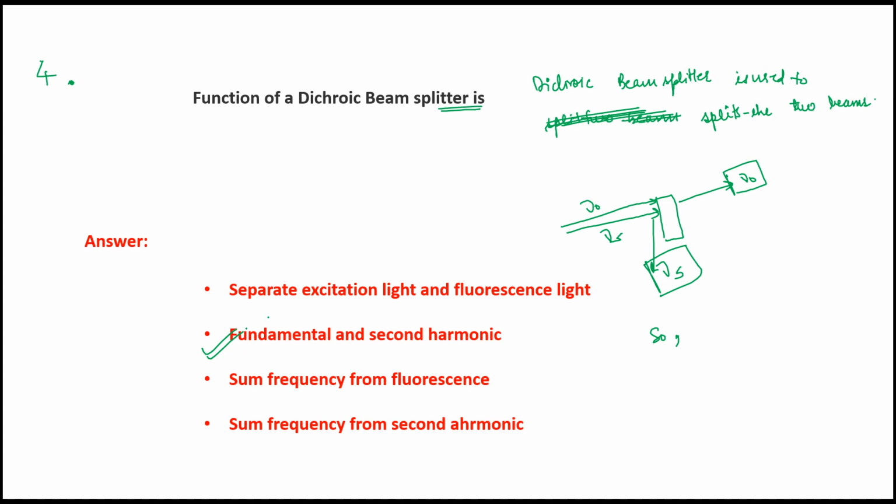But basically what we need to know is the dichroic beam splitter is simply used to split two beams, and that can be any two beams of your choice. Okay, then now we'll go on to the next question.